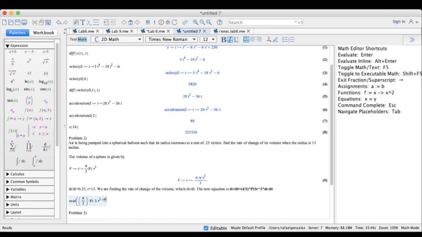Hold on, I put this as the exponent. And we know what dr/dt is, I could just put it in there. So dr/dt is 0.25, and r is going to be 13. So we have 13 squared times 0.25.